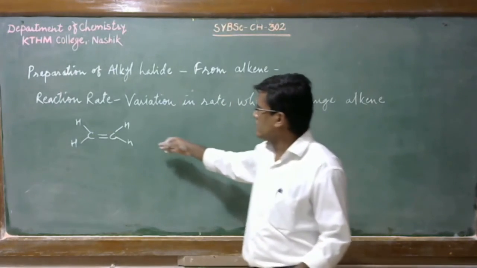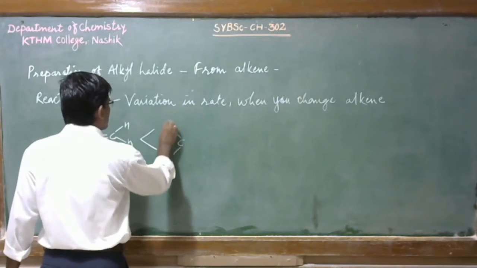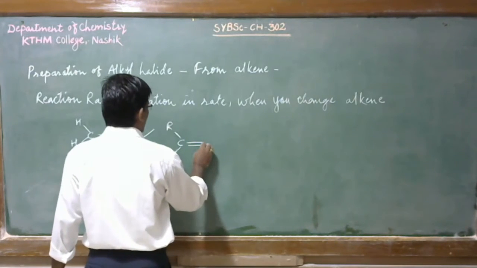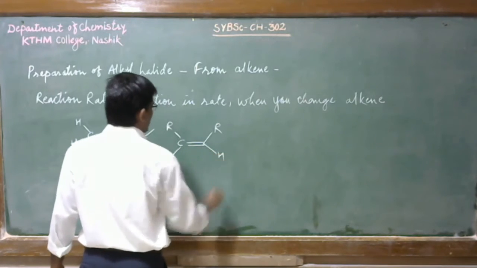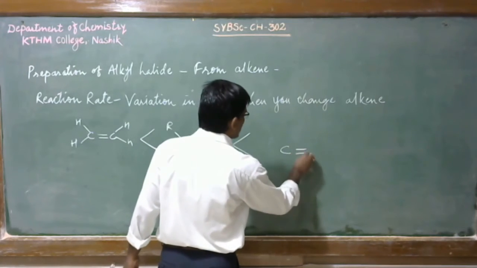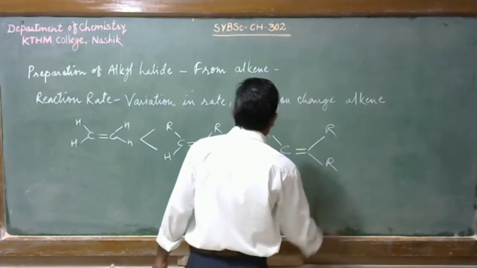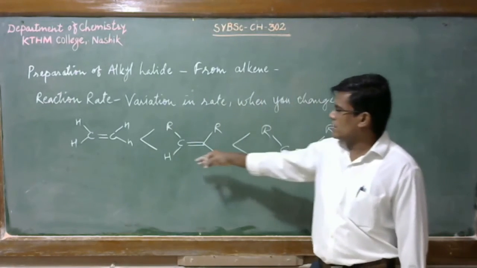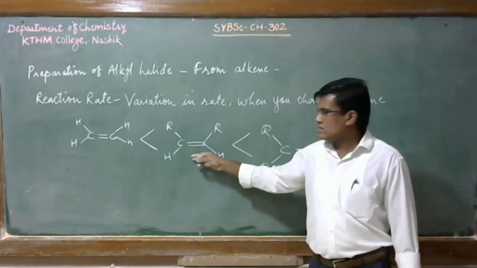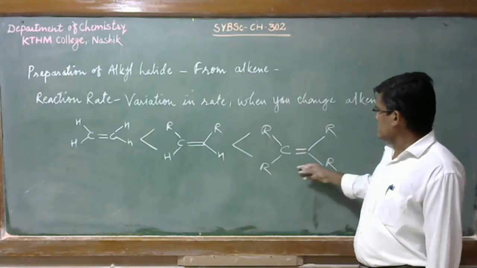Its reaction rate will be lesser than this disubstituted alkene, which in turn is less than this tetrasubstituted alkene.